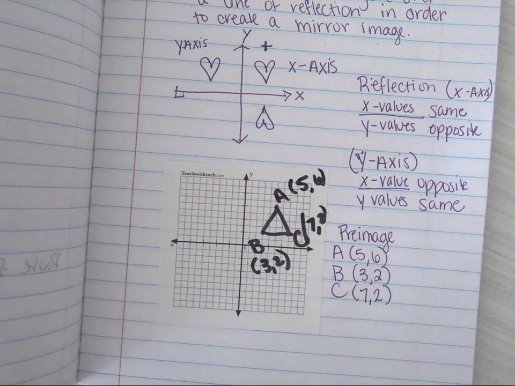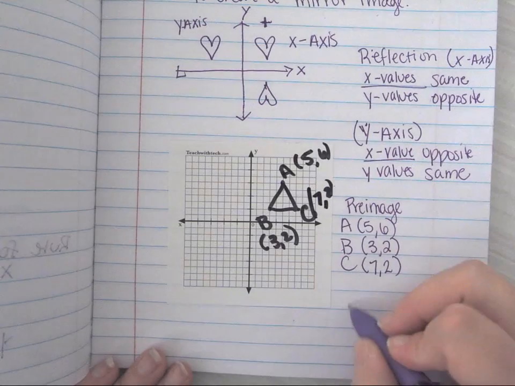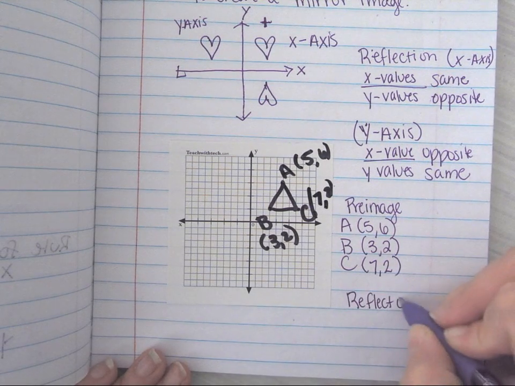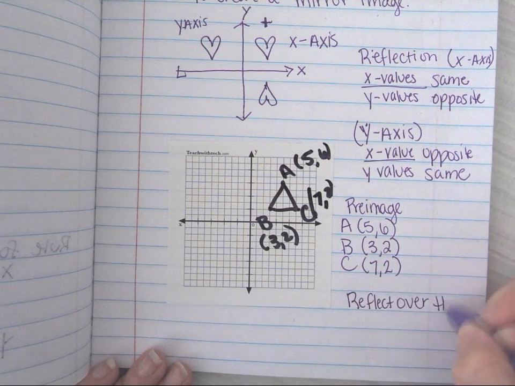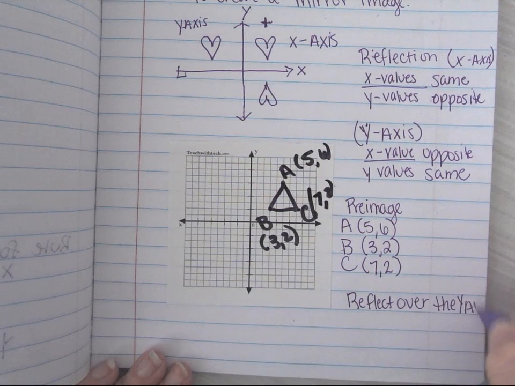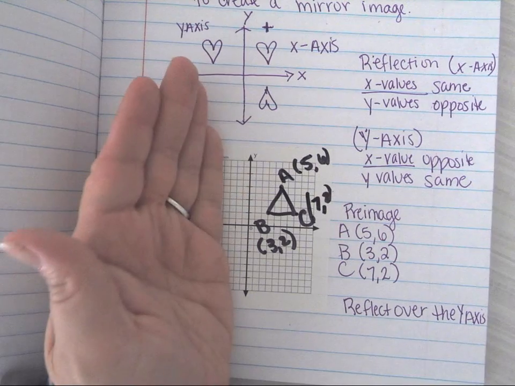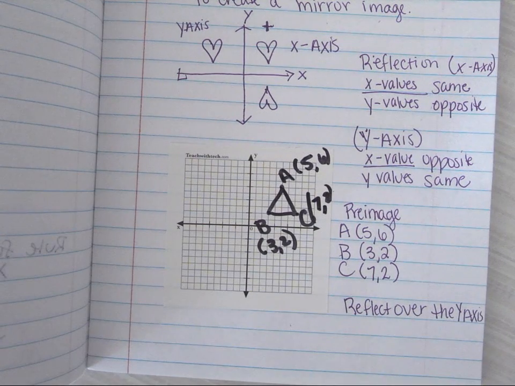Now I'm going to reflect over the y-axis. When I flip it over the y-axis, it's going to be the same thing, just opposite. So my y values stay the same, my x values become the opposite.